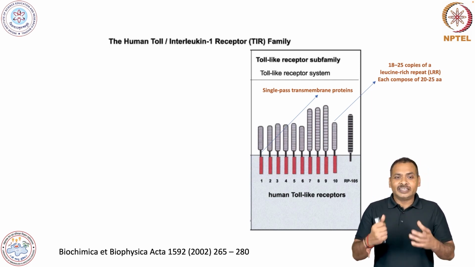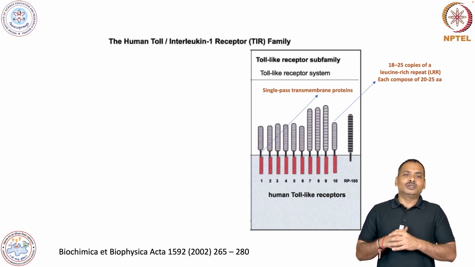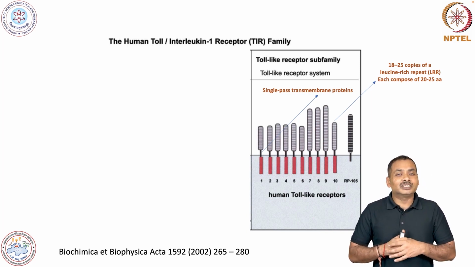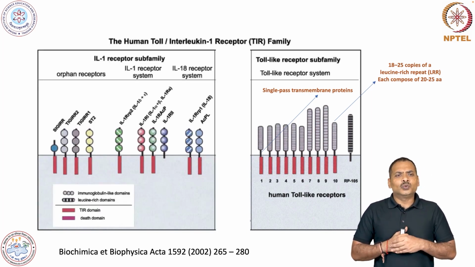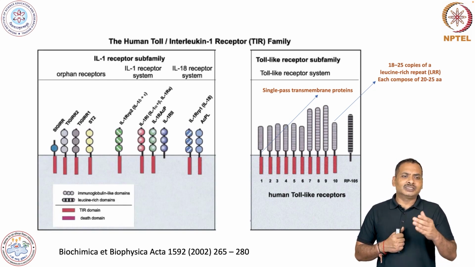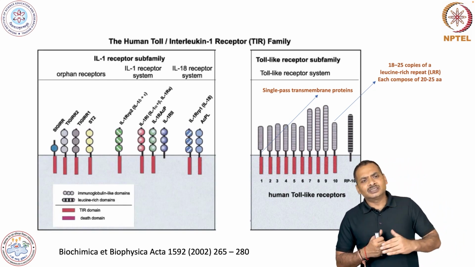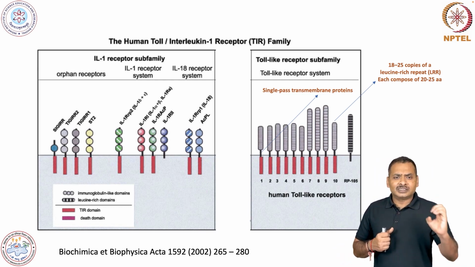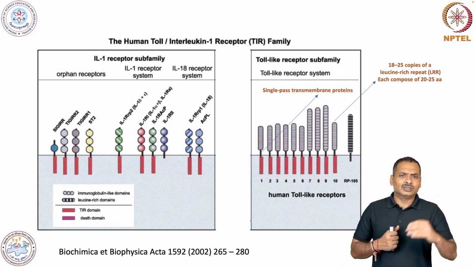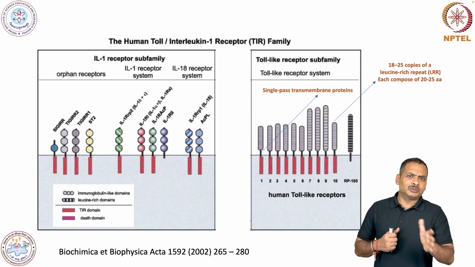And this name, TIR, came from the IL-1 family receptor. Here you can see there are various IL-1 receptor subfamilies, and all these receptors have a TIR domain. This is basically the IL-1 receptor domain.